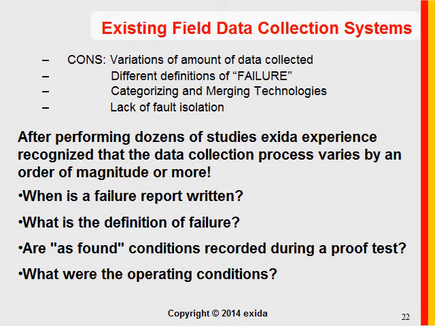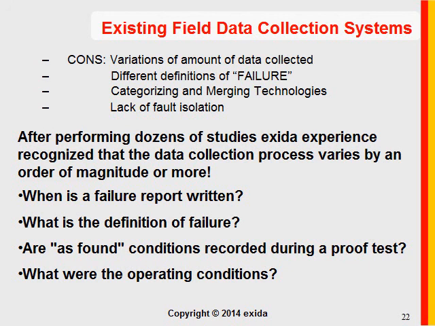The categorization of different technologies. I may have a temperature measurement in a transmitter. That's not going to behave the same as the temperature measurement in a switch. And also an issue that we saw is the lack of fault isolation, so identifying where the real problem is, what the real causes of the problem are.